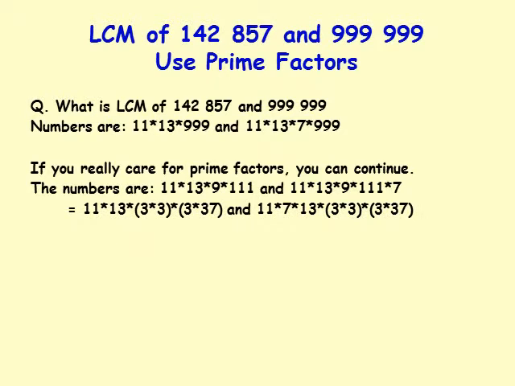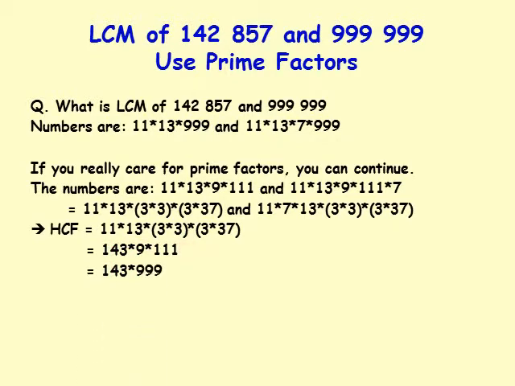Now 9 is 3 times 3, and 111 is 3 times 37. So 11 times 13 times 3 times 3 times 3 times 37. HCF is this common factor other than 7, which is 143 times 9 times 111, which is equal to 143 times 999, which is equal to 142,857.